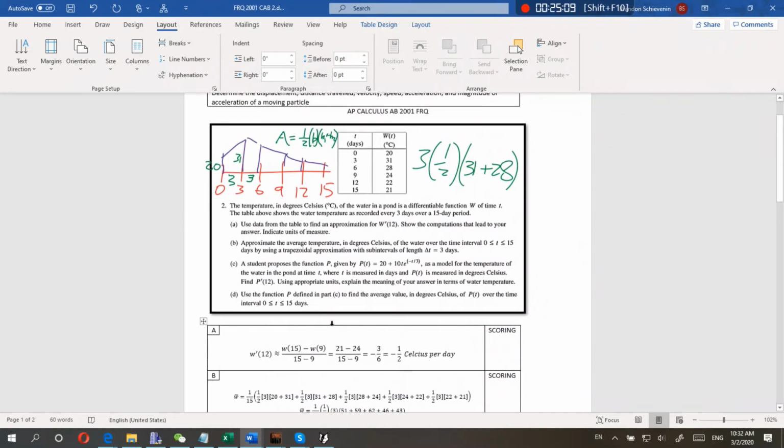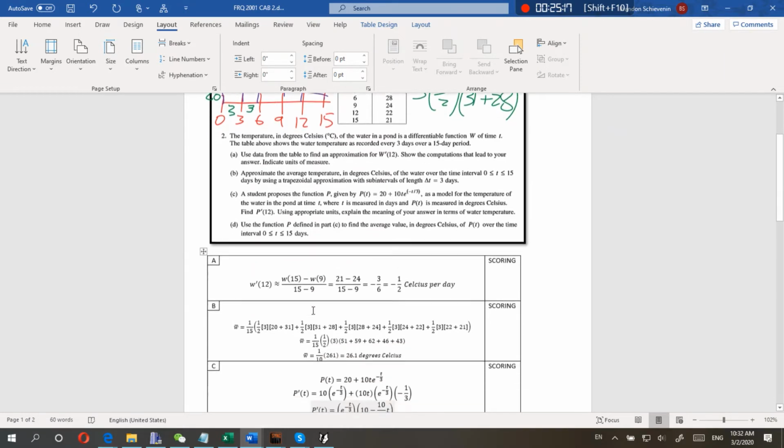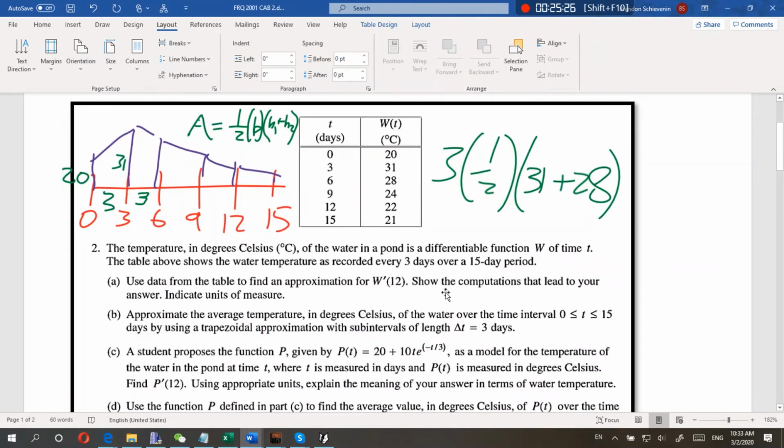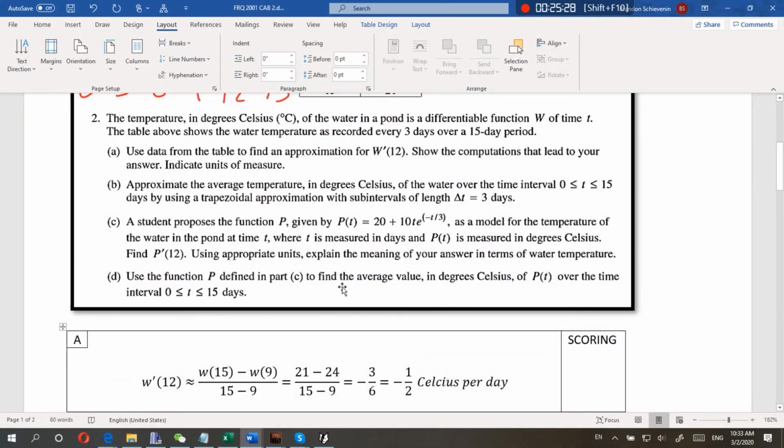Last one. I'm going to use the function we just got for p to find the average value of p on the interval from 0 to 15 days. So what could I do to get the average value? Divide by 15. If I just divide by 15, that'll give me average slope, right?